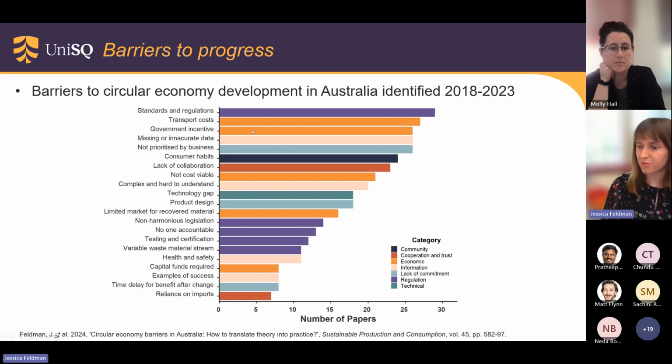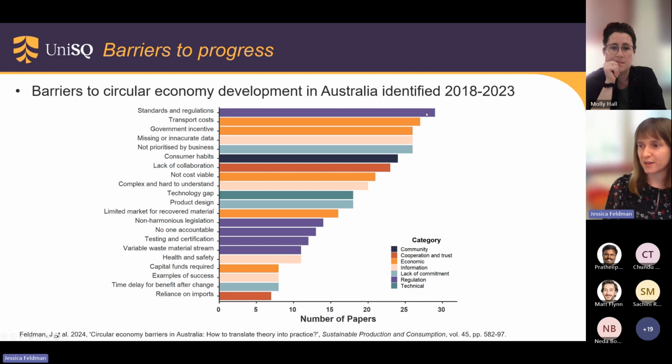So the number one barrier that was most common across all industry sectors that were reported on was standards and regulations. So what this means is that the current standards that define how a product is made or how a product is disassembled and recovered, and the regulations that police that as well, are not supportive of a circular economy.